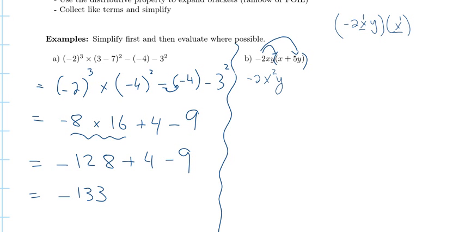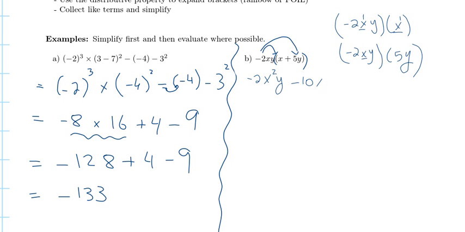Then when I multiply my second term, so I have negative 2xy times 5y. Yes? So negative 2 times 5, that's negative 10. Then x, there's no other x, so I'm going to keep it as x.